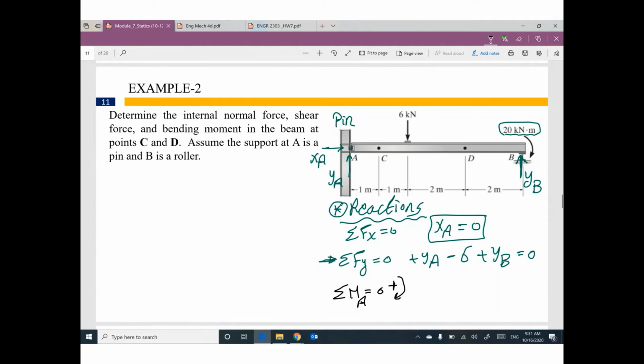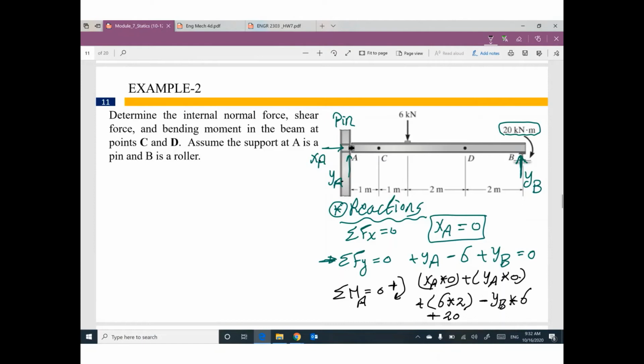If you take moment at A, I'm going to cancel XA and YA. You don't need to write them. Anyway, if you would like to write them, XA times 0, YA times 0, plus 6 times 2, plus or minus YB times how much? 6, plus 20.